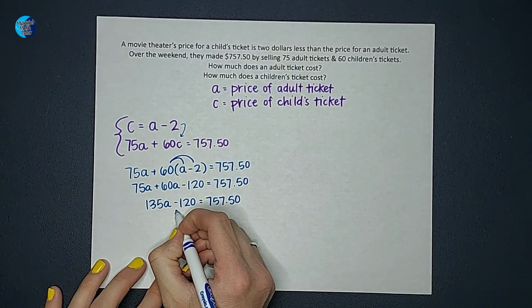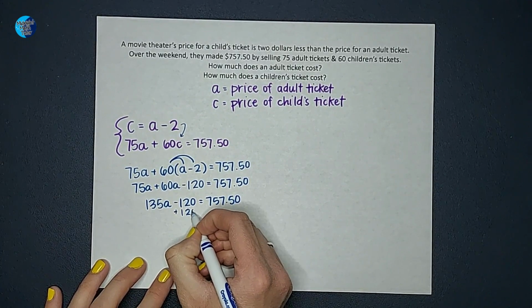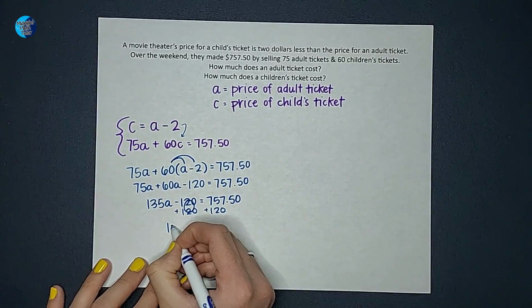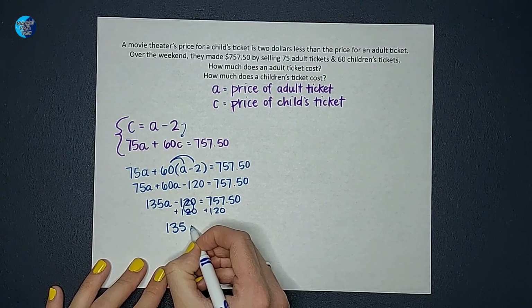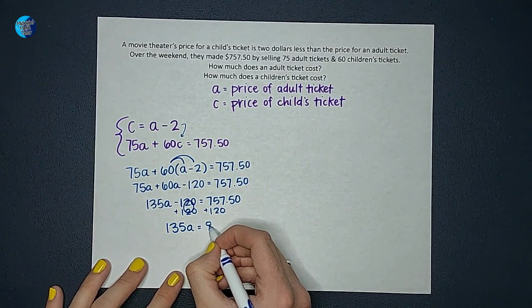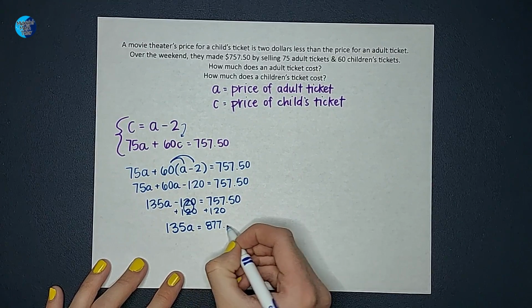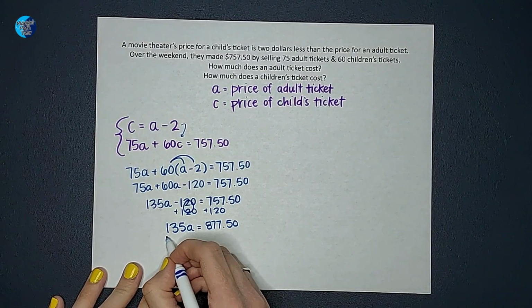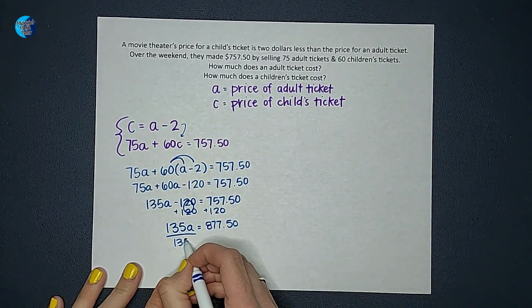All right, now it's just a two-step equation. You've probably done this a million times. We add 120 to both sides. So I get 135A equals 877.50. And then I'm just going to divide both sides by 135.